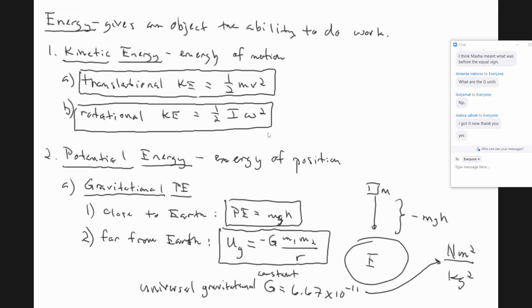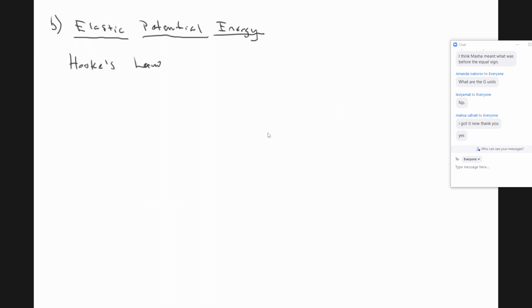The other type of potential energy is elastic potential energy. And with elastic potential energy, I need to go over Hooke's law. Hooke's law has to deal with the spring.